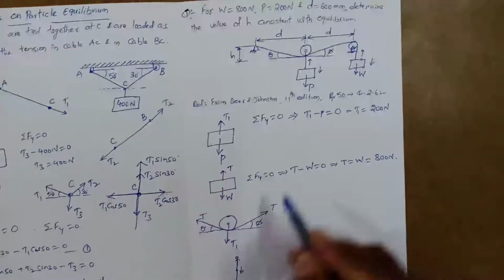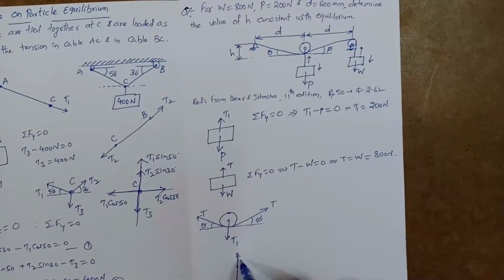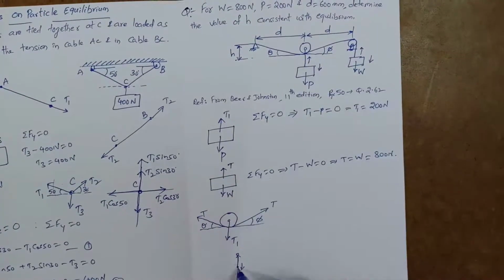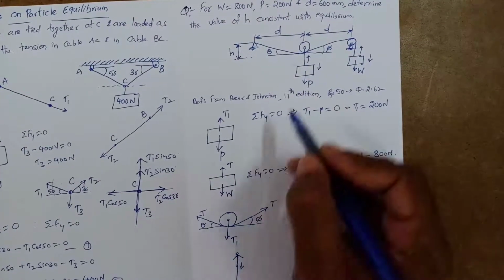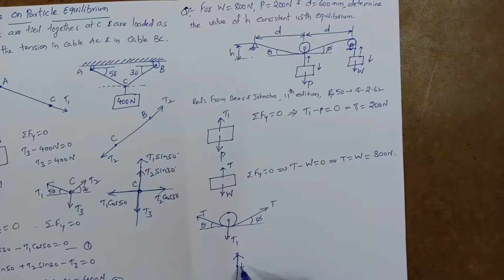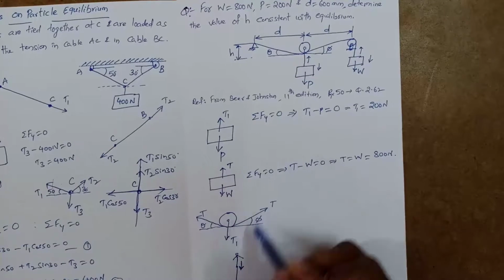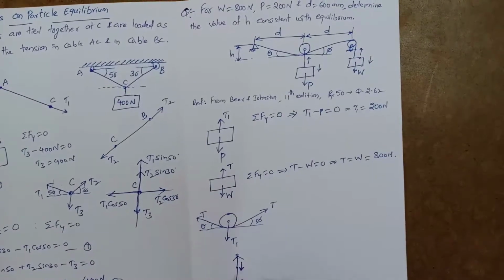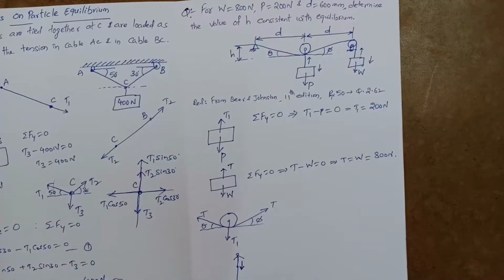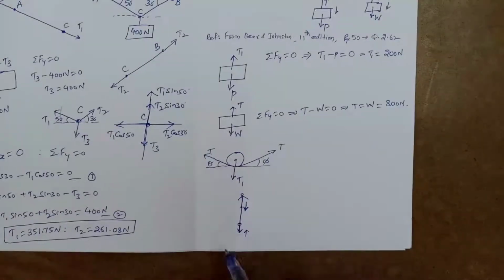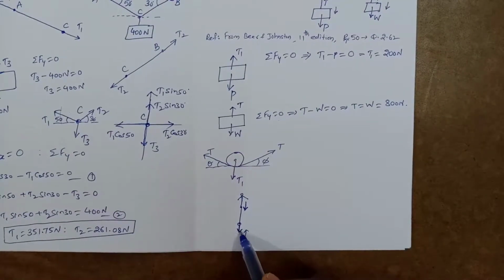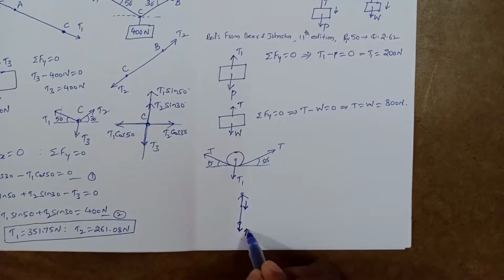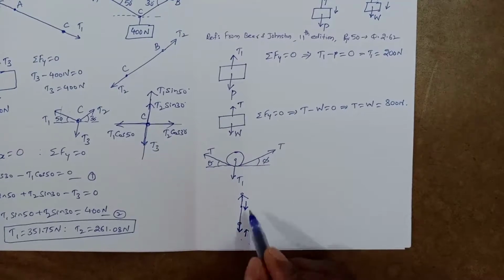So here at this point, in contact, this is the force exerted by the pulley on the cable, and this is the force exerted by the cable on the pulley. Similarly, this one here is the force exerted by this weight P on the cable, and this one is the force exerted by the cable on the weight P.